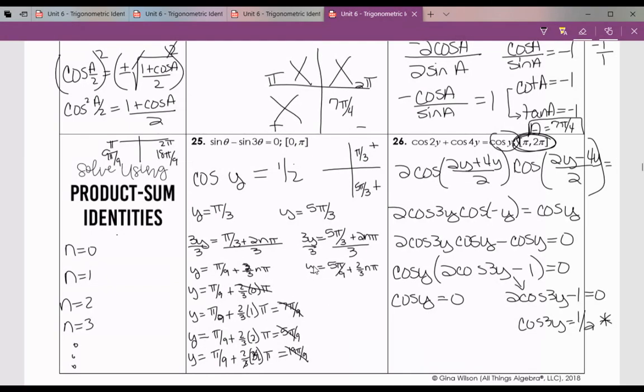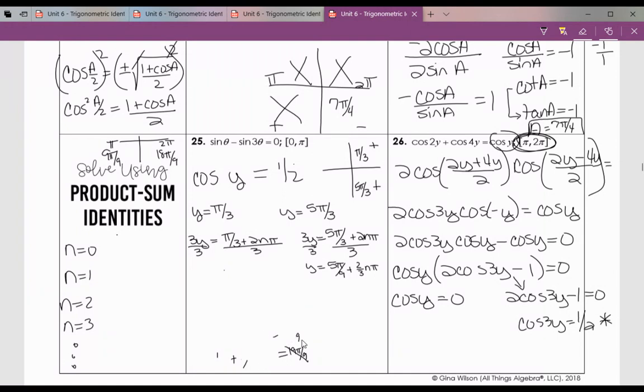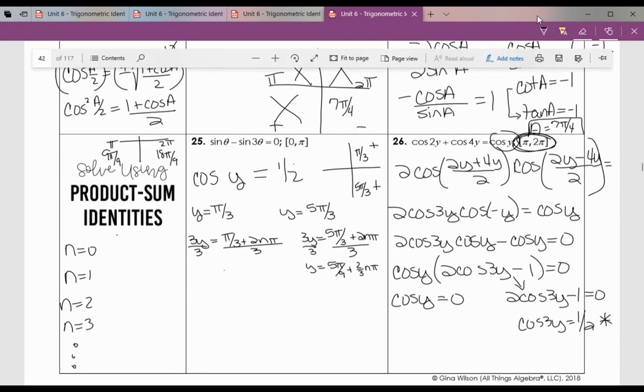So now I start over here. I'm going to do my 5 pi over 9, and I'm going to plug my zeros in. Now, I stopped using the first one when I got to 19 pi over 9 because that's outside of my range. So y equals 5 pi over 9 plus 2/3 times 0, and that gives me 5 pi over 9, which is not in my interval.